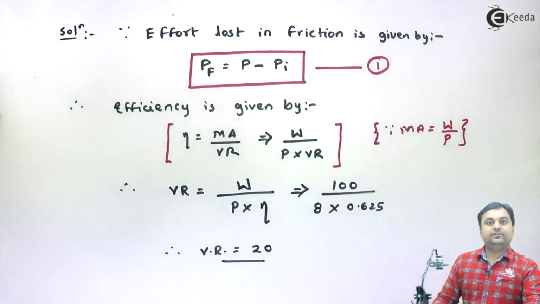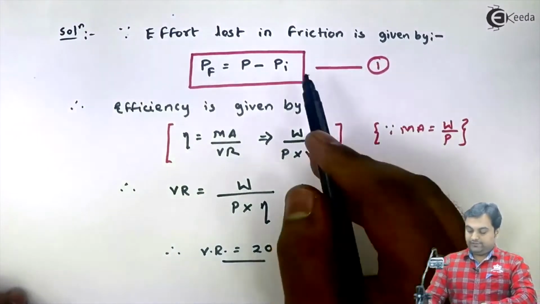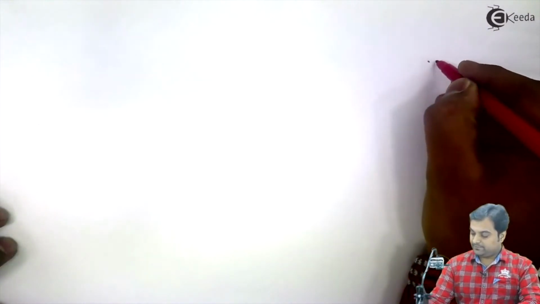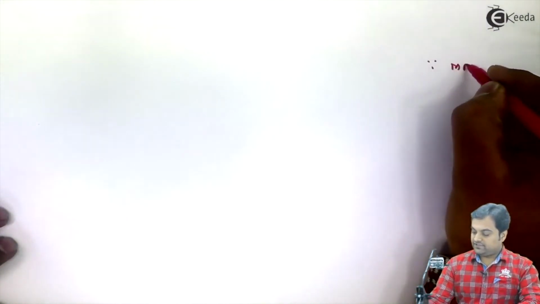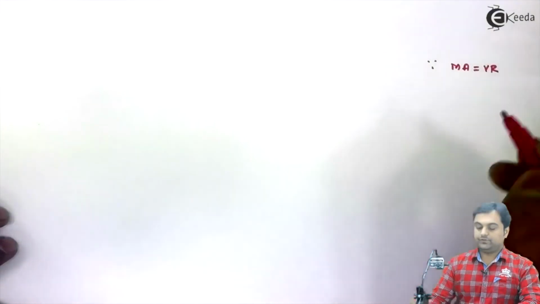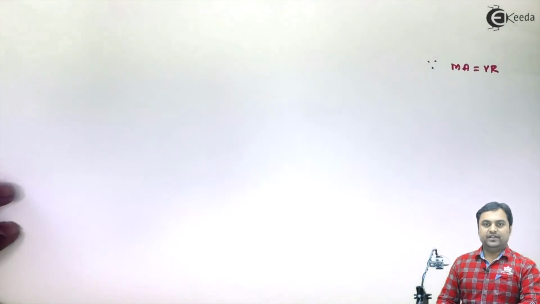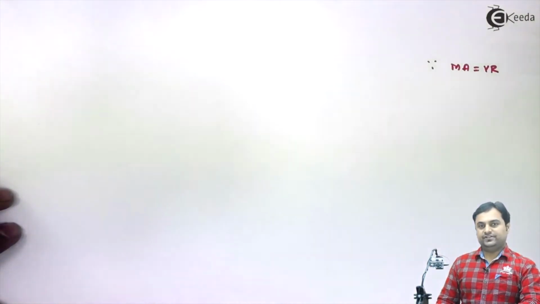Now after getting velocity ratio, I'll go for the calculation of ideal effort. Now just a small concept. For ideal effort, mechanical advantage is equal to velocity ratio, because ideal effort will be there in case of an ideal machine, and for an ideal machine efficiency is 100%.